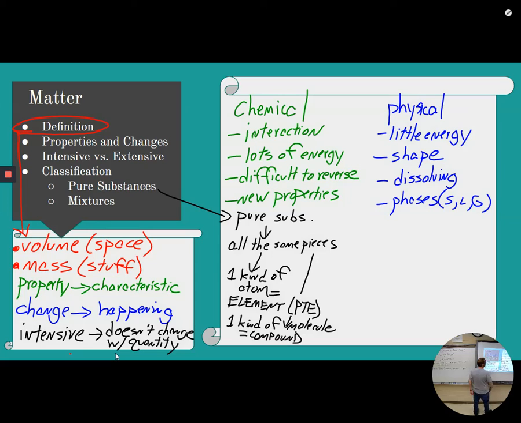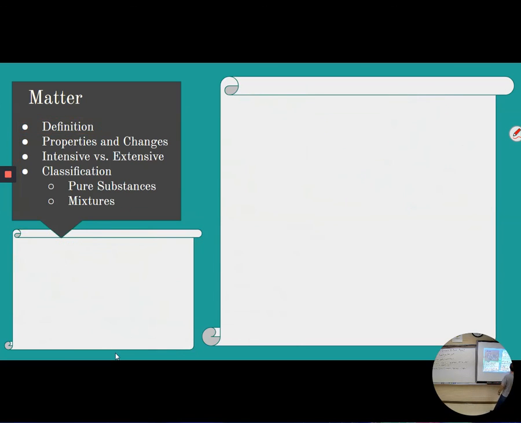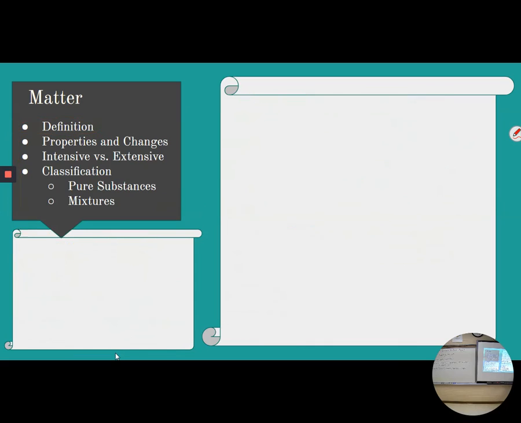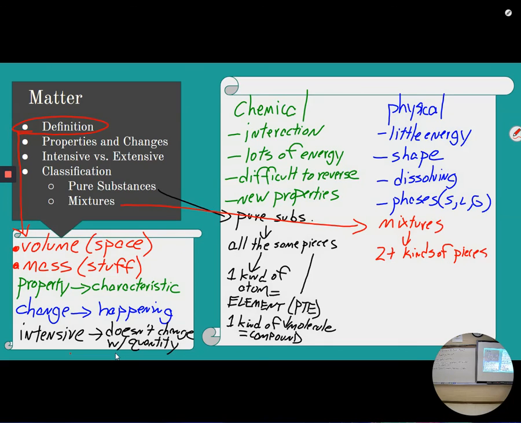So then a mixture, going across here, is going to have two or more kinds of pieces. They are not all going to be the same. They're going to be put together in different ratios, different concentrations.